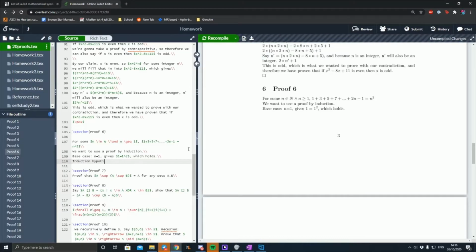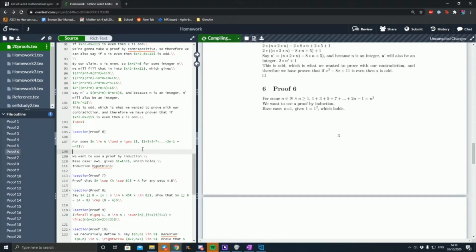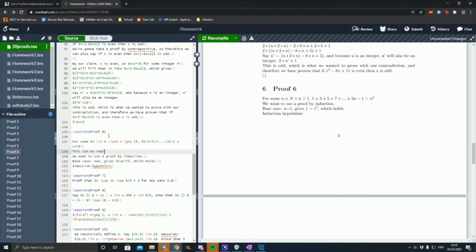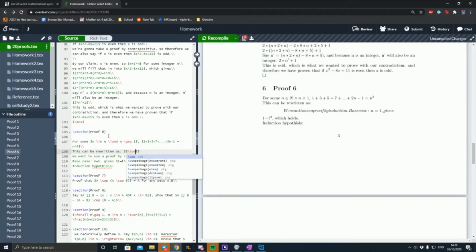Induction hypothesis. I'm just going to rewrite this again. This can be written as a sum, with a capital S, of i equals 1, because the start was 1. Yeah, good call.